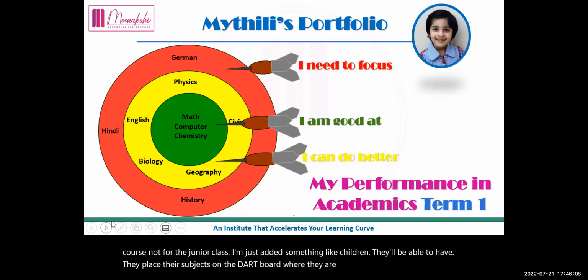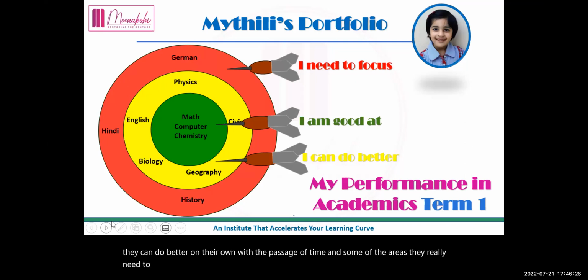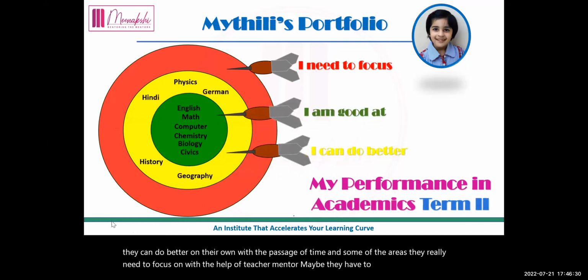I am very good at, as you see, we have been conducting a traffic light activity in our classes, where we teach students what areas they are very good at, what areas they think they can do better on their own with the passage of time, and what areas they really need to focus on with the help of a teacher or mentor. Maybe they have to put in a lot of hard work. Accordingly, they have to define.